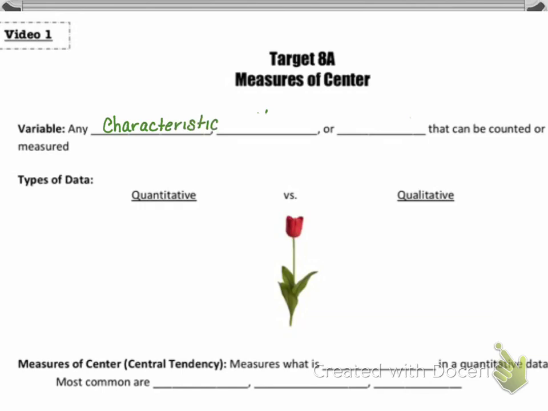It can be a number, or it can be some kind of quantity that we are measuring. So there are two different types of data. We're predominantly going to look at quantitative, which is data that can be measured.